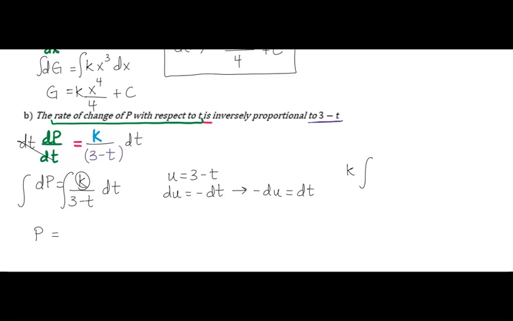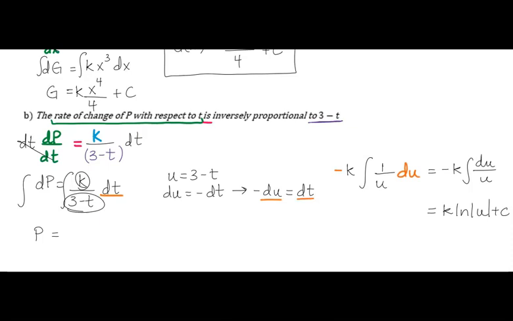I'm going to replace dt with a negative du, so I'll put a negative sign out there and then a du at the end of the integral. And this 3 minus t that's in the denominator, that's just a 1 over u. So we're just integrating negative k with the integral of du over u. And the integral of du over u is natural log absolute value of u plus c.